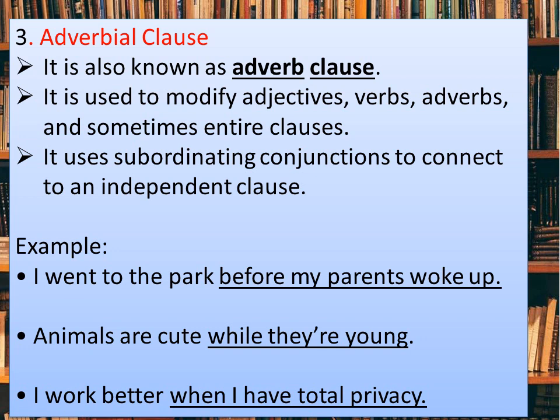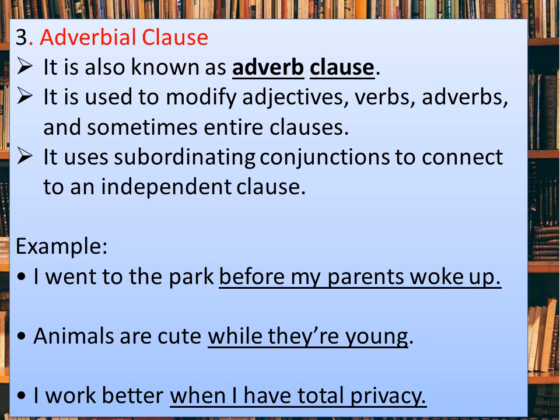In the first example, I went to the park before my parents woke up. Our adverbial clause, before my parents woke up, describes your verb, which is went. Okay? The second one, animals are cute while they're young.